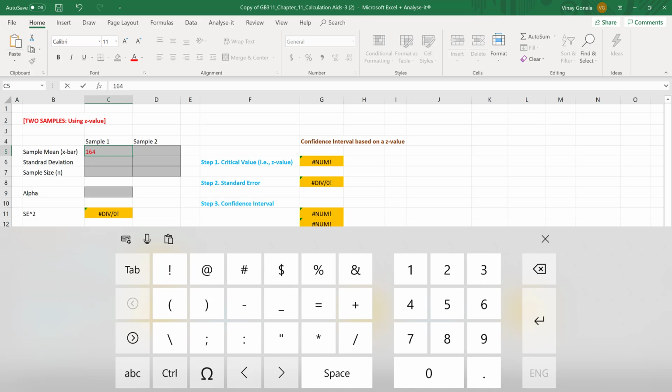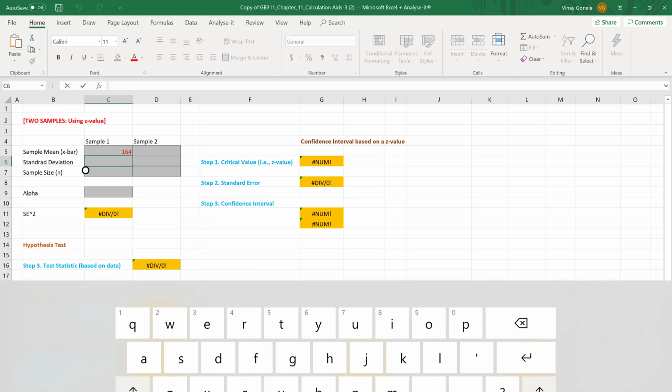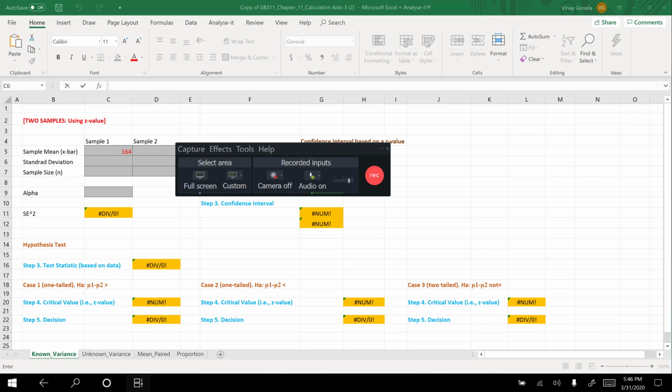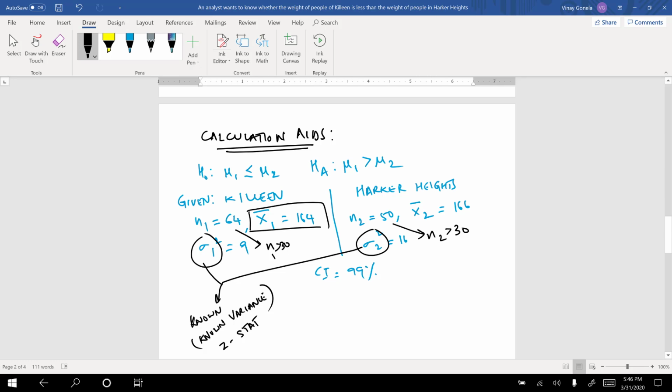And then population standard deviation. Sigma 1 square is given, which is population variance, so sigma 1 square is 9, so population standard deviation would be square root of 9, which gives me 3. So I will type in 3 here.